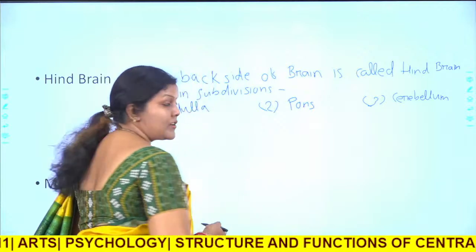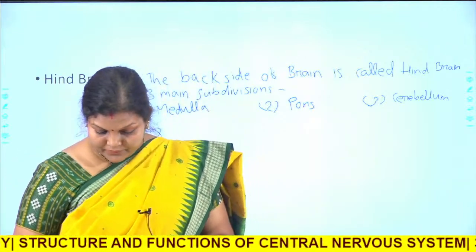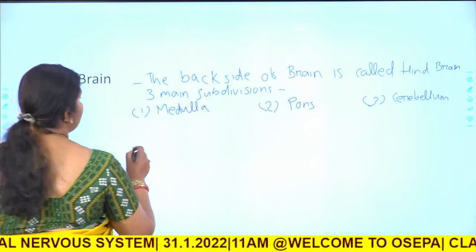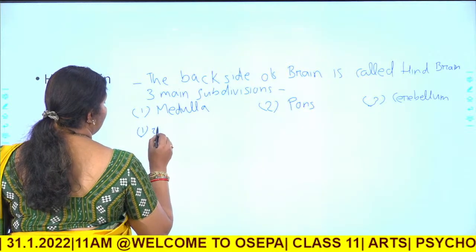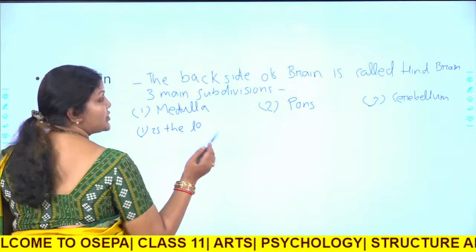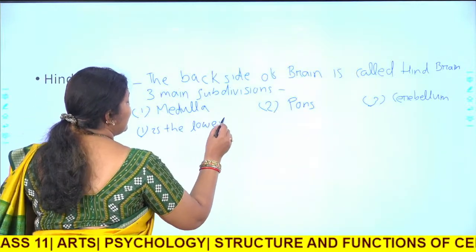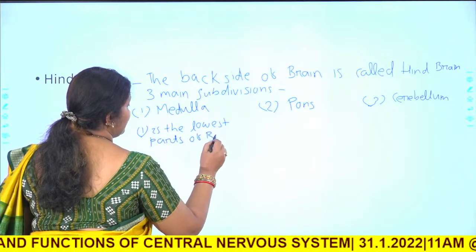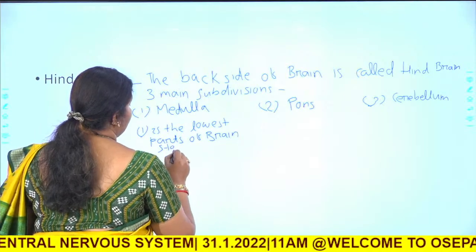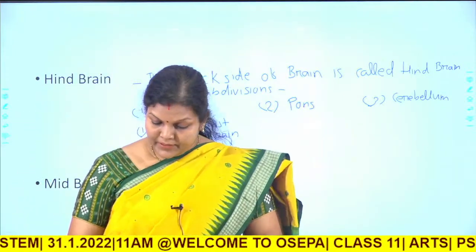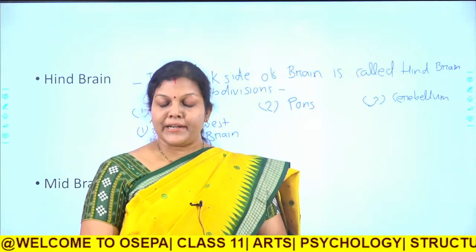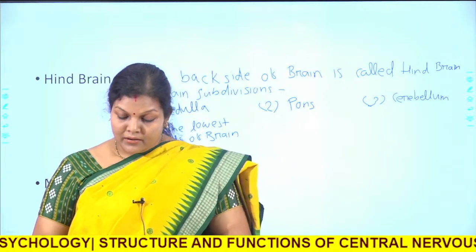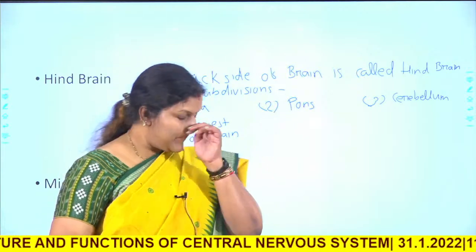Let us discuss what their functions are. Medulla is the lowest part of the brainstem. It is situated at the lowest part. Look at the structure so that you can understand. Its primary function is to coordinate vital processes of the body like breathing, heartbeat rate and gastrointestinal functions.